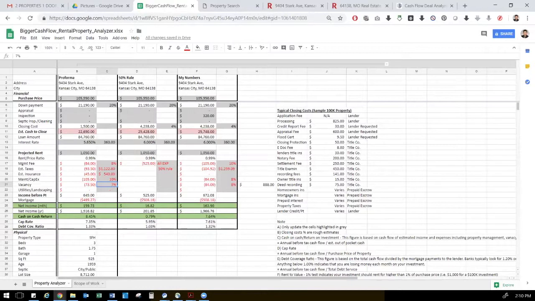On the flip side, I've seen people use a lower vacancy of maybe 5% because they have a property manager that gets 2-year leases. So they assume that they're not going to have a vacancy every year. Maybe they're going to have it every 2 years or 1.5, 18 months.